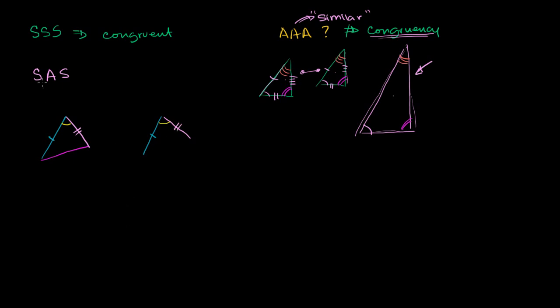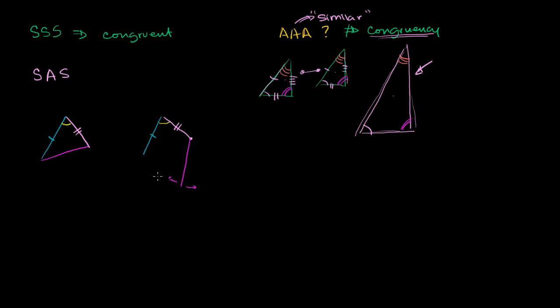We only know that two of the corresponding sides have the same length, and the angle between them, and this is important, the angle between the two corresponding sides also has the same measure. We can do anything we want with this last side on this one. It's going to have to start right over here. You could start from this point, and we can pivot it to form any triangle we want.